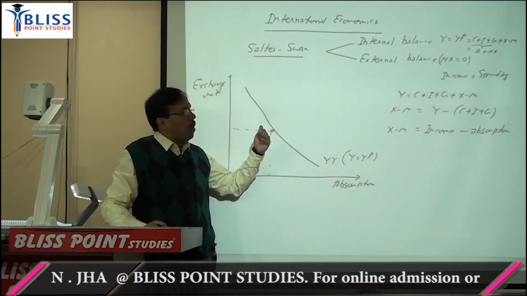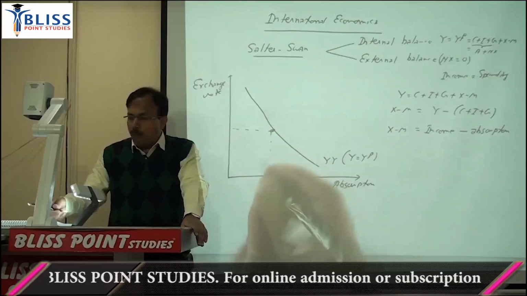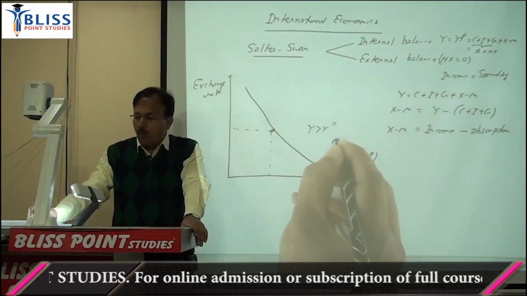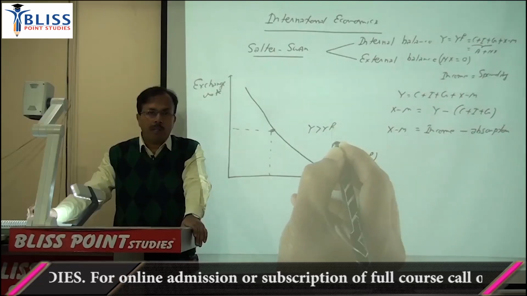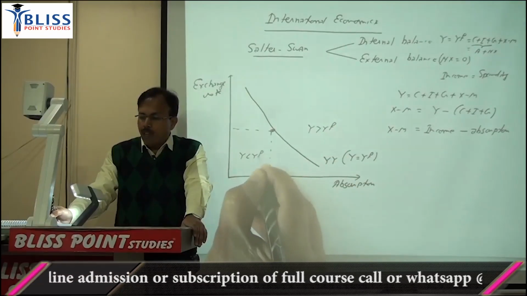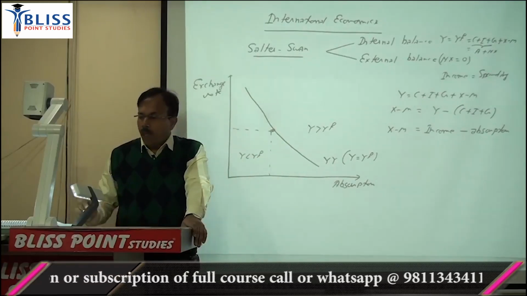So the value of Y becomes greater than Yf, Yf being a constant number. So any point to the right of it, in fact Y will be greater than Yf, you can say it is over employment, and any point to the left of it Y will be less than Yf, and only along this schedule Y is equal to Yf.